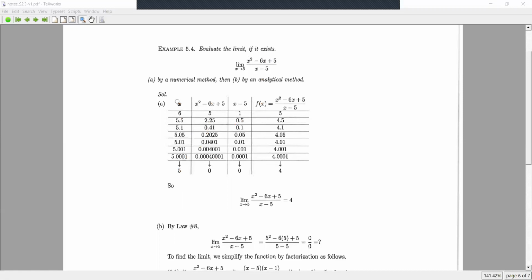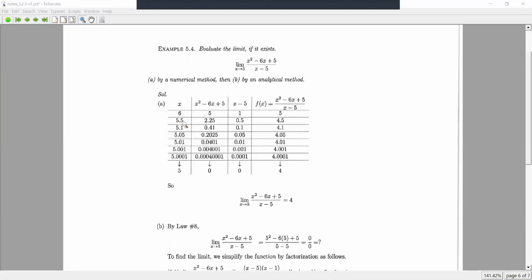Now I let x approach the point 5 by taking on these numbers. Then I use calculator to evaluate the values of numerator, denominator, and the function at these points.